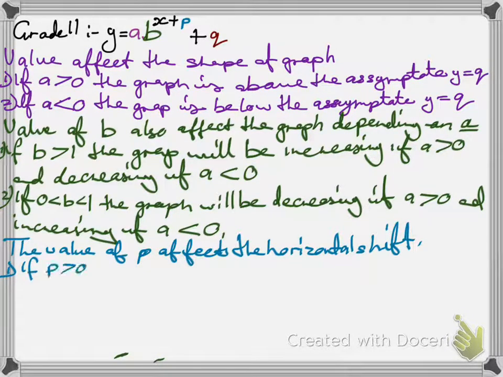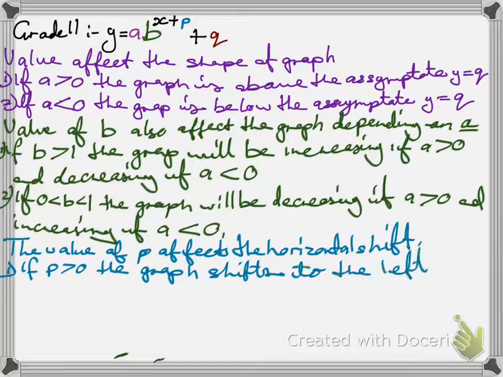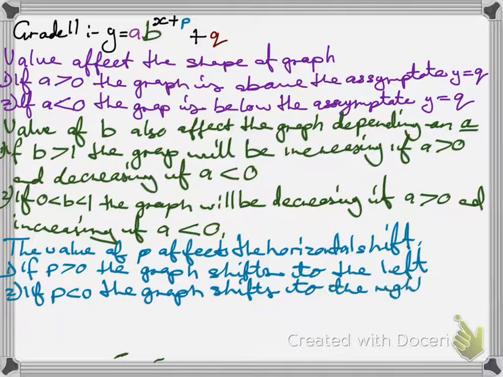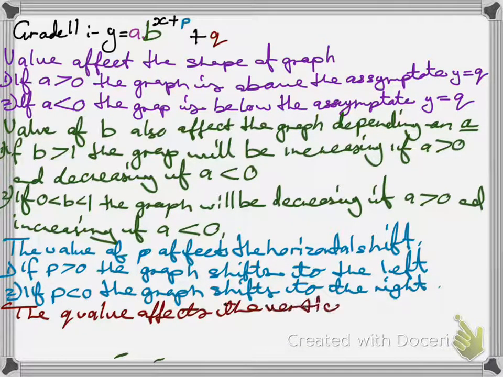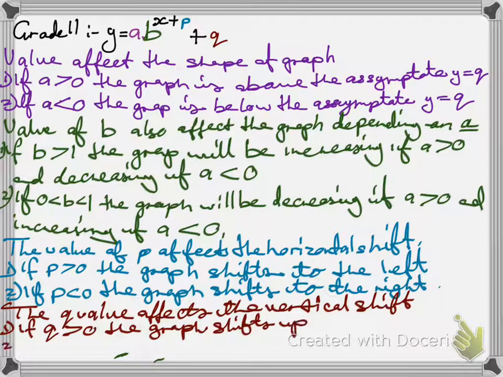If your p is greater than 0, the graph shifts to the left. And then if p is less than 0, the graph shifts to the right. So basically the effects of the other parameters like a, b, and q remain the same, right? The only new thing at grade 11 is the parameter p.